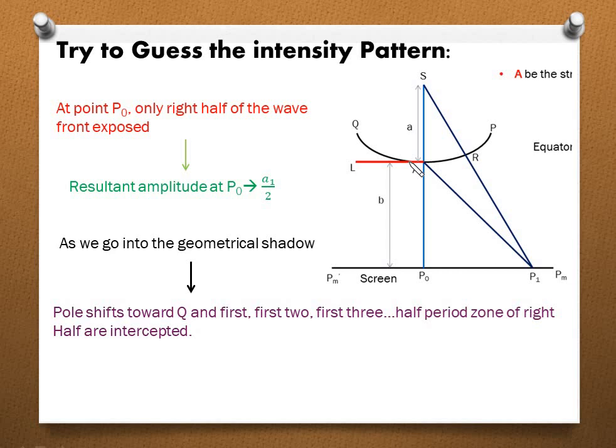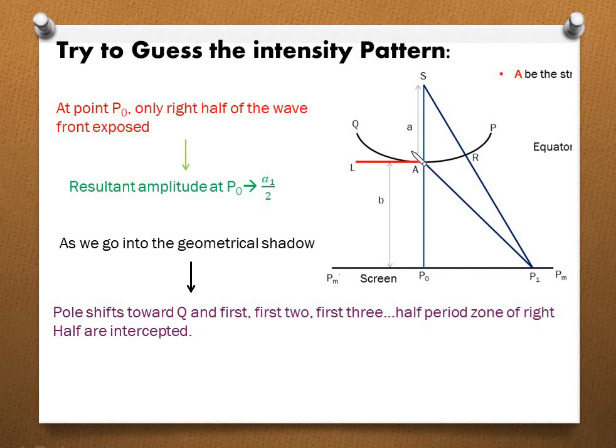Similarly, if you move further, then first two, first three, and so on. If your pole is here, then the first period zone will be somewhere here, then second, then third, but that will be intercepted by this obstacle.